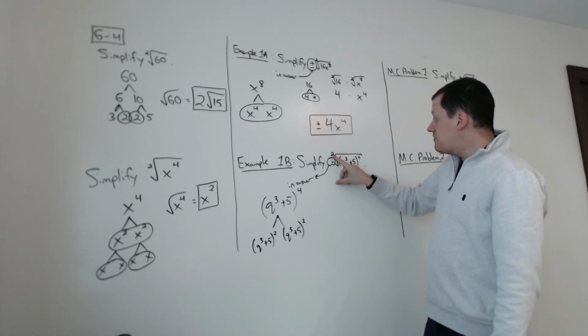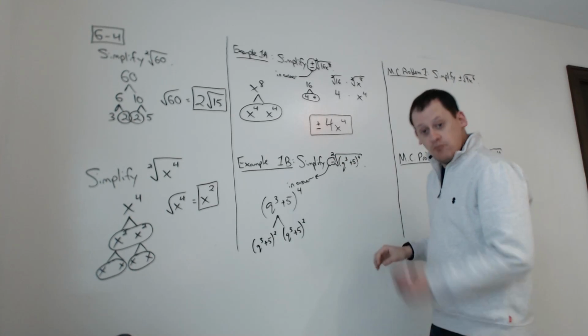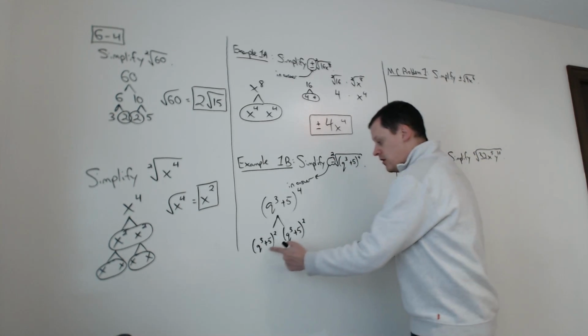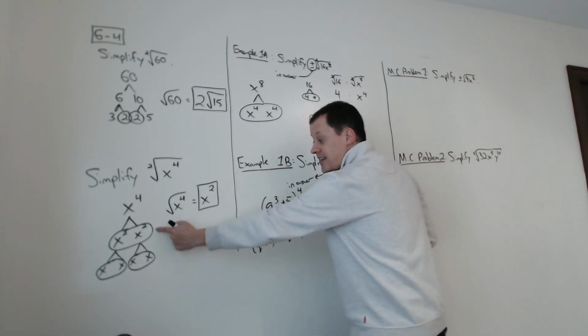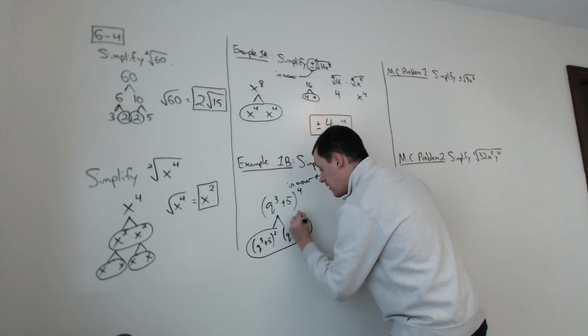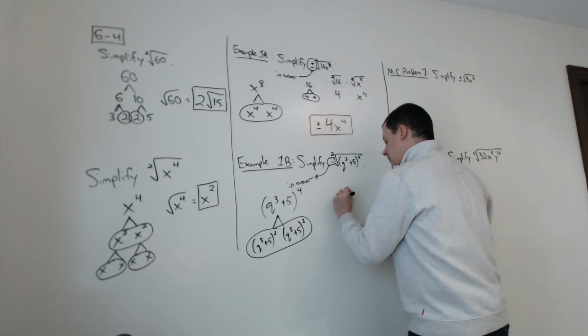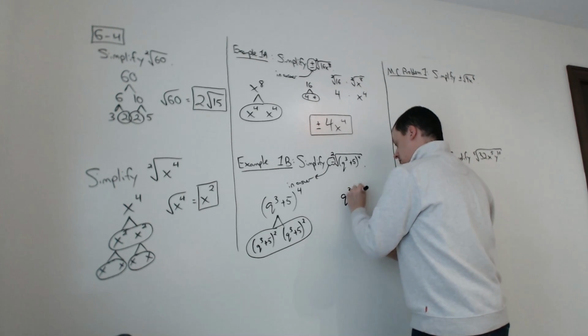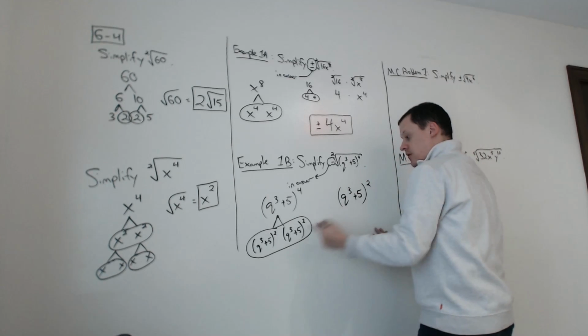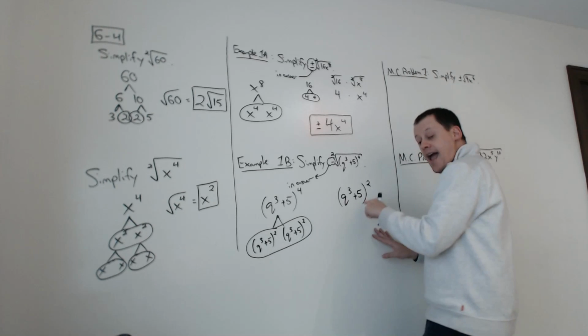So in terms of finding the square root, we need two things that are the same to circle. These two things are the same, just like they were over here. We can circle them together and bring one out. We're bringing one of these q to the third plus 5 squareds outside the root.